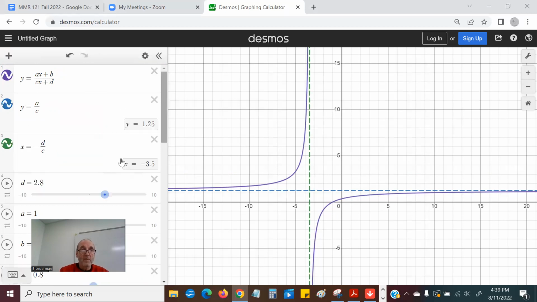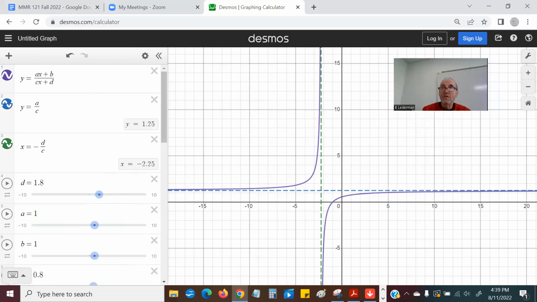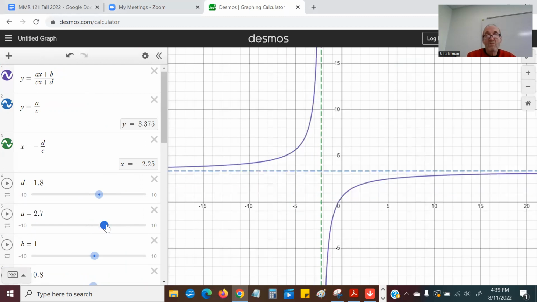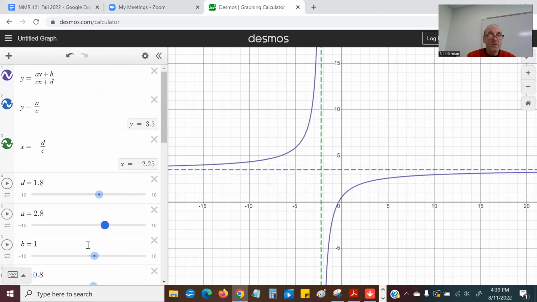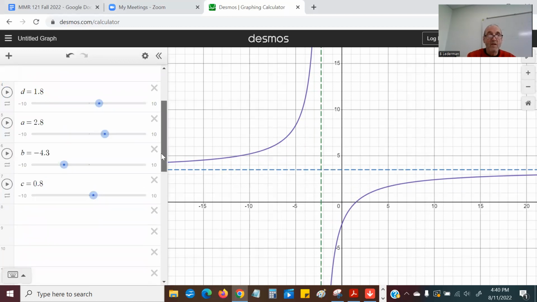What's going to happen now is that no matter how much I move these guys, see the asymptotes are just following, but my picture's getting in the way. No matter how much I move these other guys, the asymptotes are staying asymptotic, if you will.